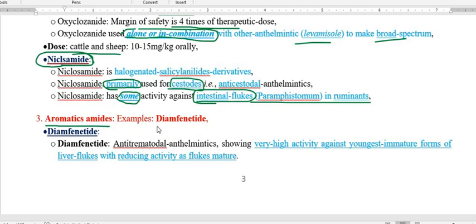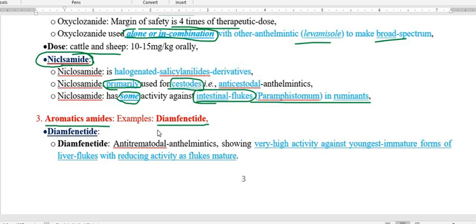Regarding diamphenethide, a very important point is that this is the drug that is acting against both immature and mature liver fluke. Even diamphenethide is acting against the immature larvae of 1 day old of the liver fluke.